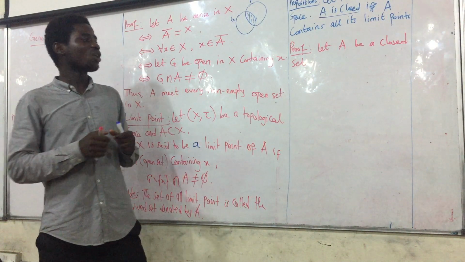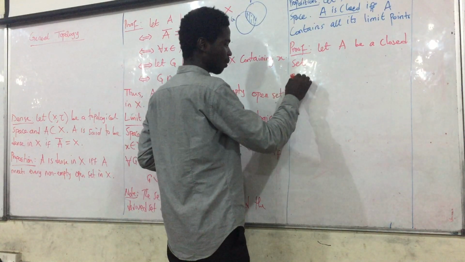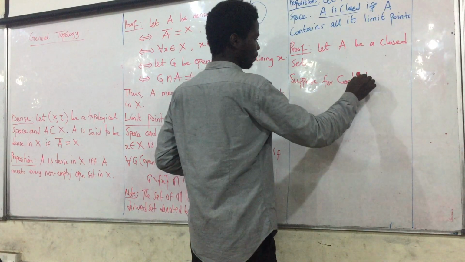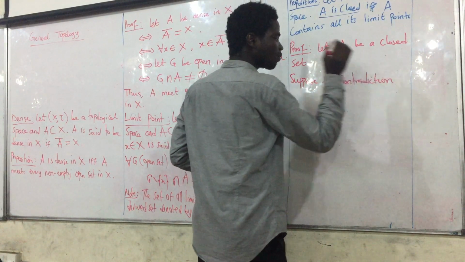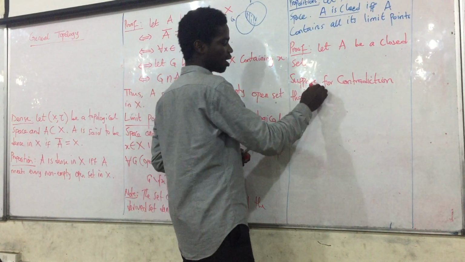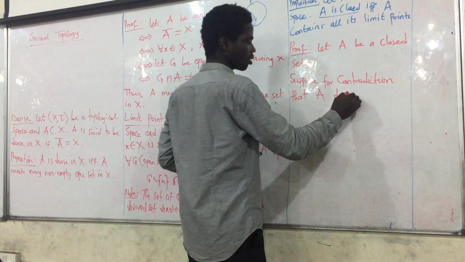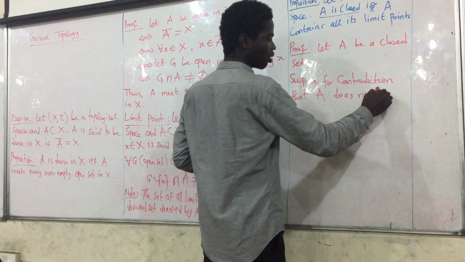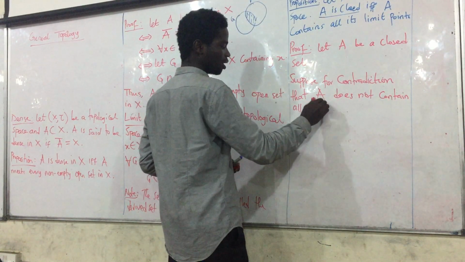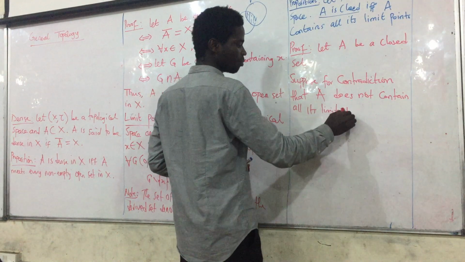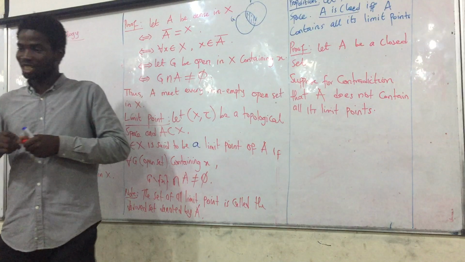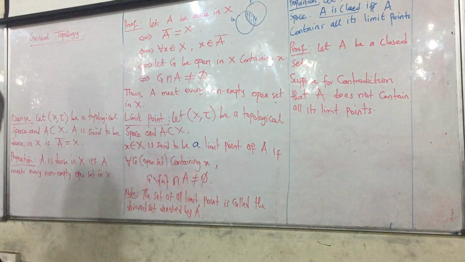So now, suppose for contradiction that A does not contain all its limit points. You know, we want to show that it contains all its limit points, so we want to prove by contradiction that suppose it does not contain all its limit points.